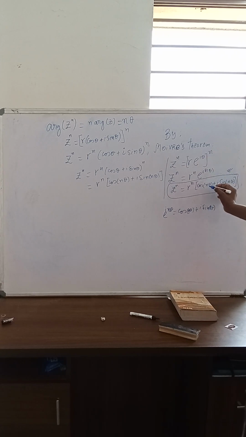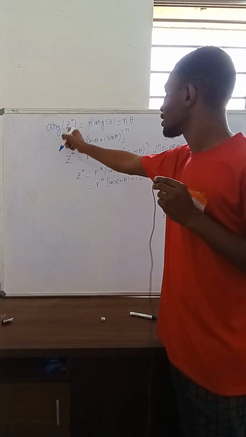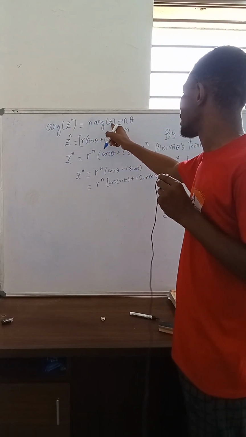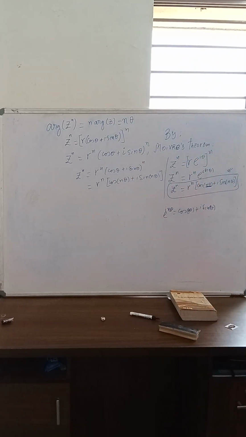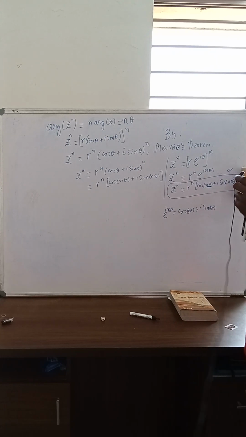Then it is said, what is the angle here? N times theta, n times argument. It means that when I have z raised to n, the argument of z raised to n will be n theta. As you can see here, the argument of z raised to n is n times the argument of z, that is n theta. Right?